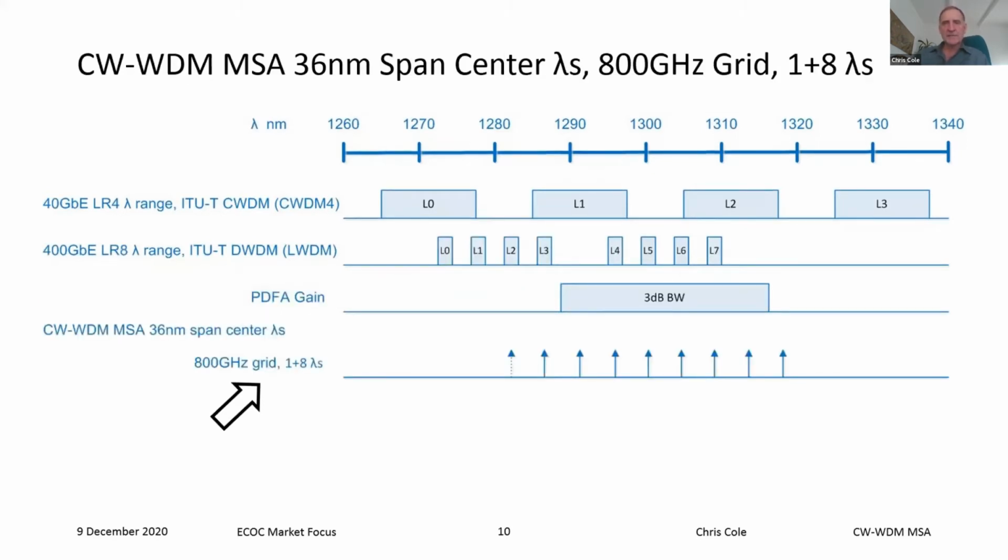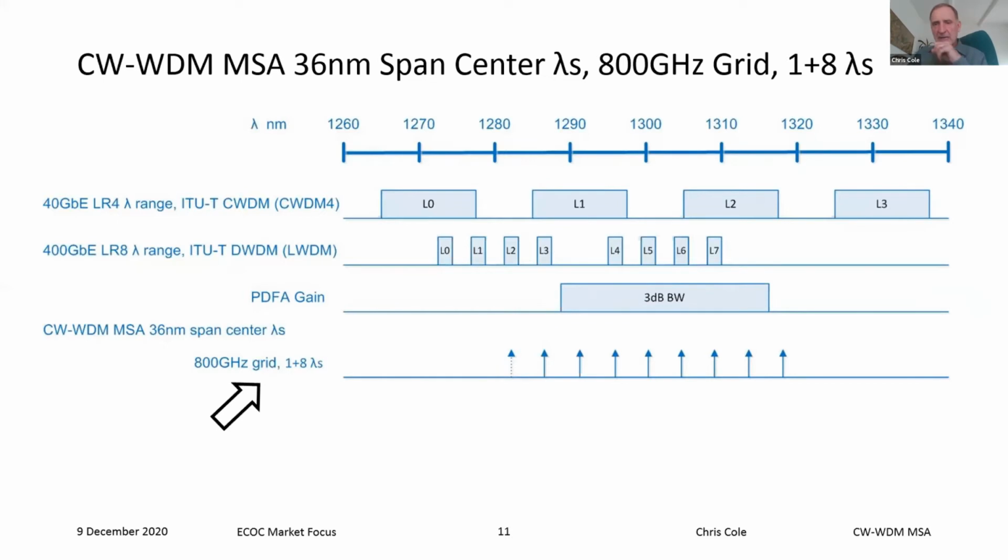So let's look at the first grid that the MSA is considering. There will be 3 spans. 36 nanometer span is the widest. I'm going to start out with the first grid. I'm only showing center wavelengths here because it's actually complicated how they're used. But this is an 800 gigahertz grid based on the DWDM specification from the ITU-T.